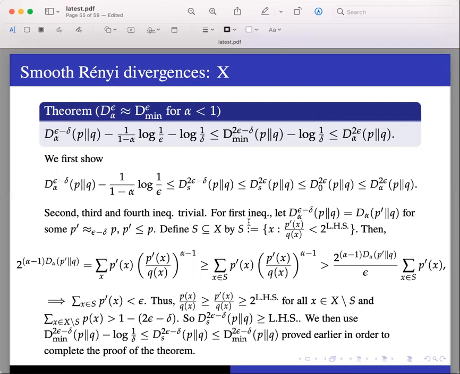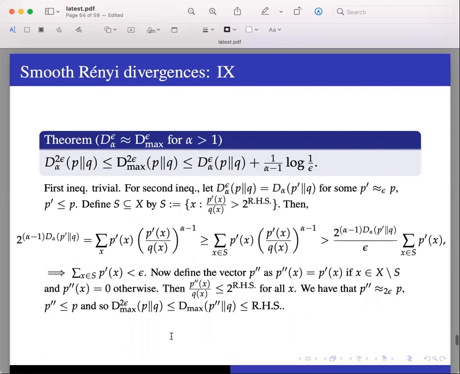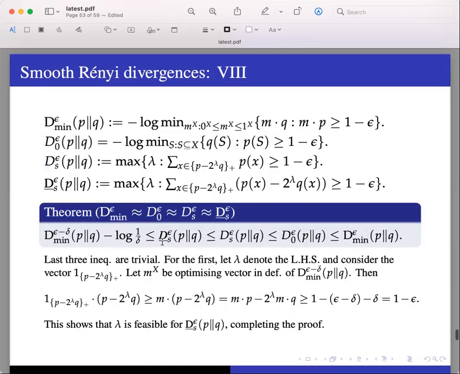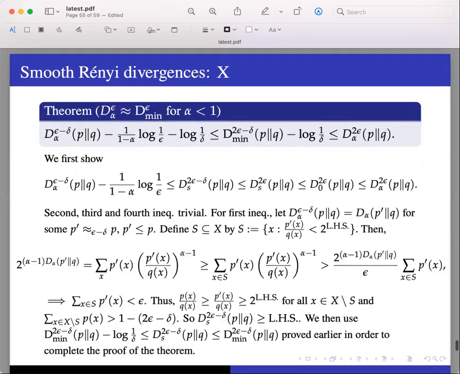And now to get the statement in the theorem, we will go back to this out here. We have the connection between ds and d min out here. So we'll use the fact that ds is larger than d min with this fudge additive term, and it's smaller than d min without the fudge. Once you plug that in, we get the expression.